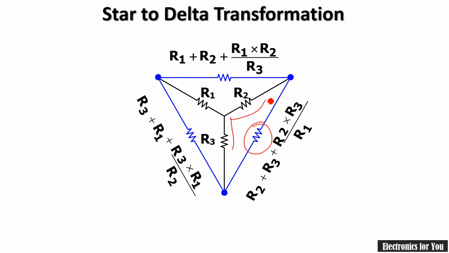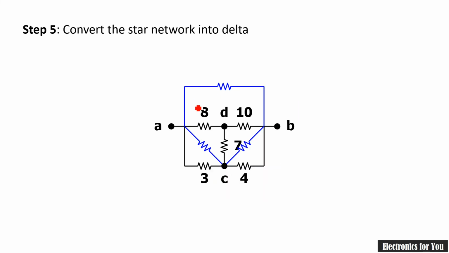So these two resistances will get added, plus their multiplication in numerator divided by the third resistance R1. The same concept can be used here to calculate the value of RAB, as this resistance is connected between A and B, and 8 and 10 ohm resistances are there. So 8 plus 10 plus 8 multiplied by 10 upon the third resistance, that is 7.